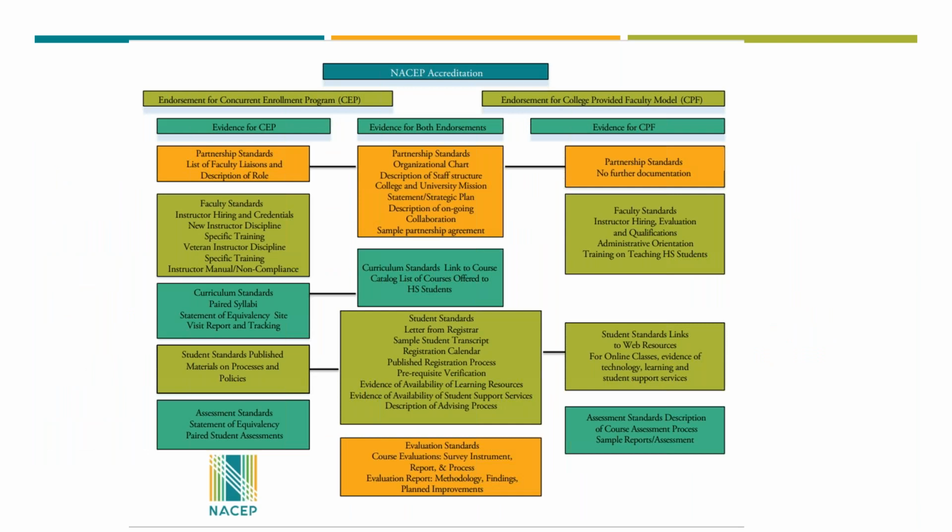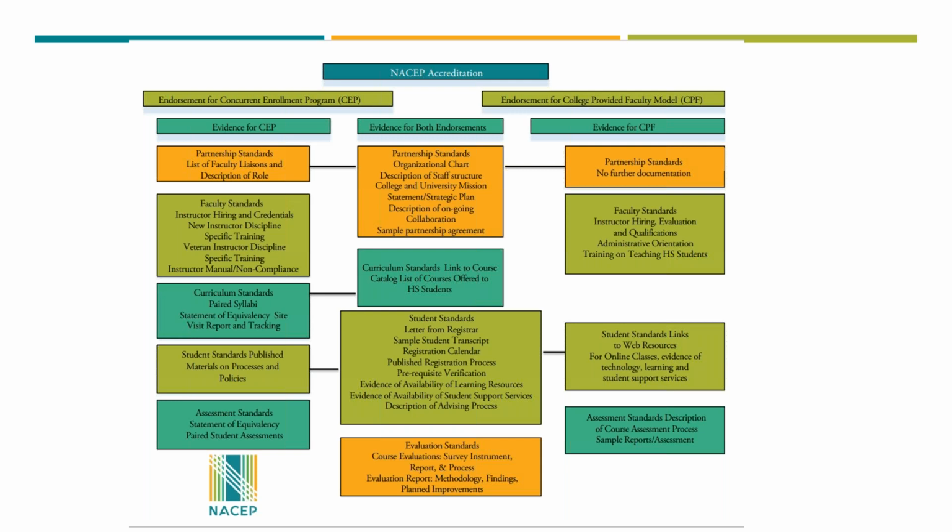When looking at the model for both of these, and this diagram is also available on the NACEP website, if an institution is applying for both the CEP and the CPF endorsement, P1, P2, S1, S2, S4, E1, and E2 documentation can be used for both endorsements if a single process, procedure, or policy is followed.